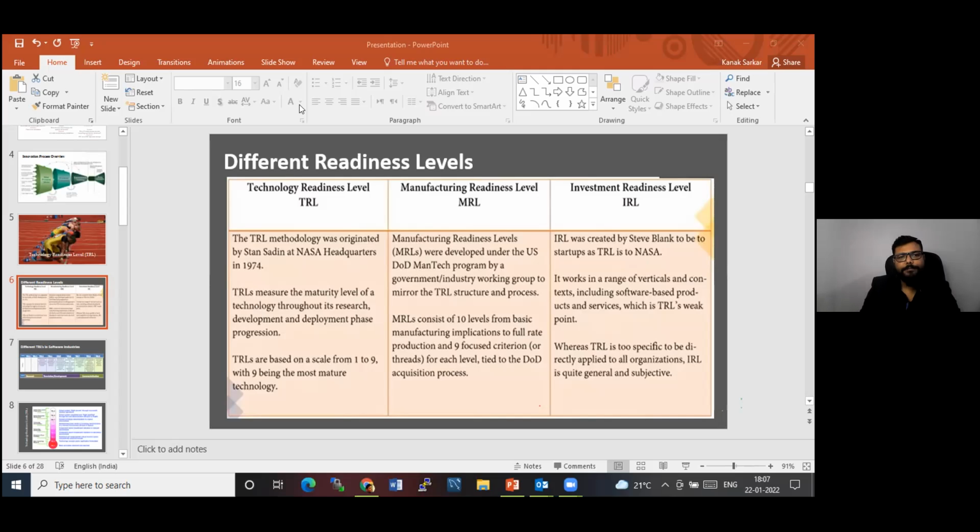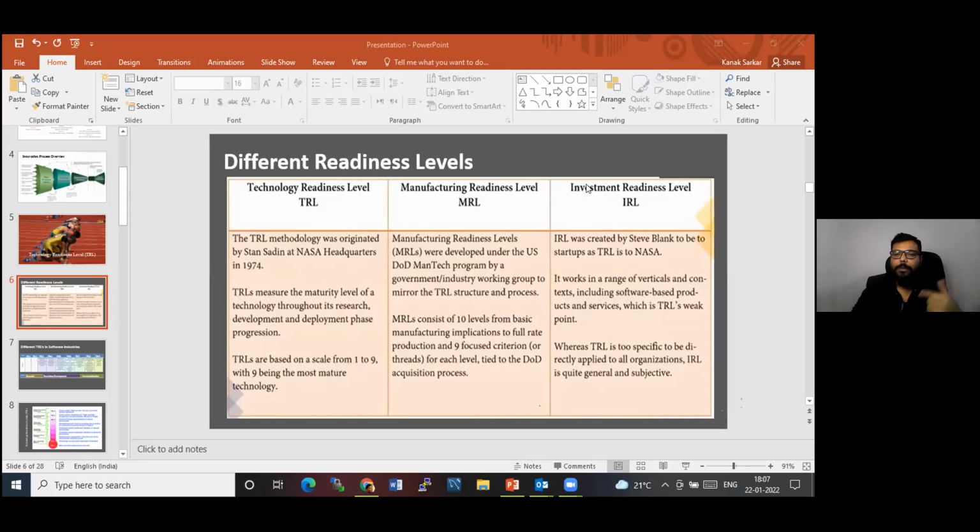Sir is writing in the chat box that he thinks it may be the commercialization part. Okay, so the investment readiness level is short for IRL, and CRL is maybe the commercial readiness level.